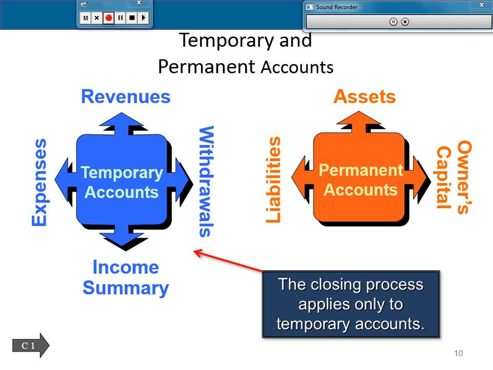Can I ask a side question? Yes, ma'am. As far as owner's capital, if you have investors, is that something separate? Whatever an owner of the business invests is considered capital. But if they're an investor, meaning they own no portion of the company, that's not the same.